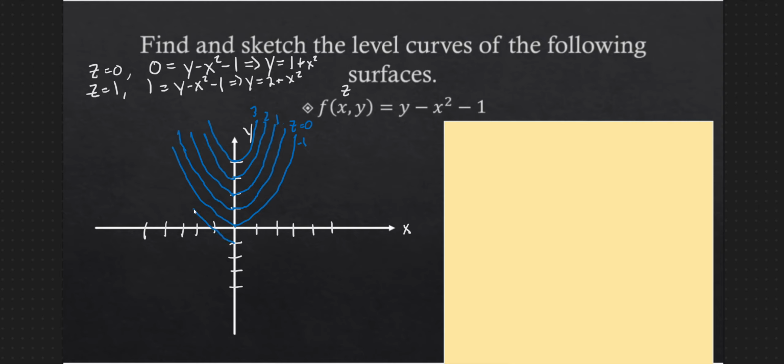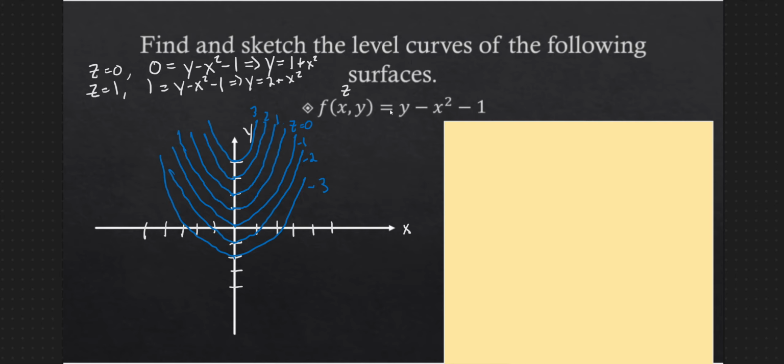And again, we'll get another parabola as I go downward. This is at negative 2, this will be negative 3. I'm just sketching it. It doesn't need to be exact, but they should be parabolas, shifted up or down. So these are the level curves for the graph of this function.